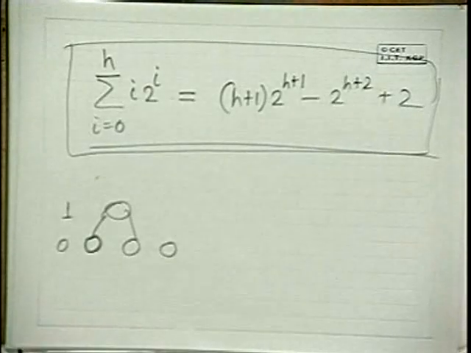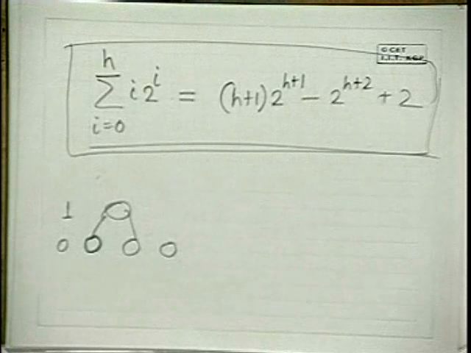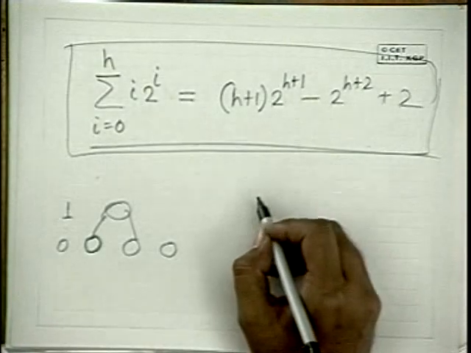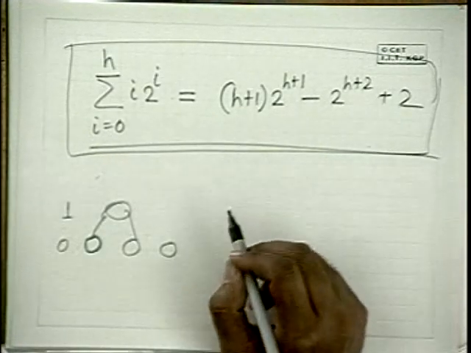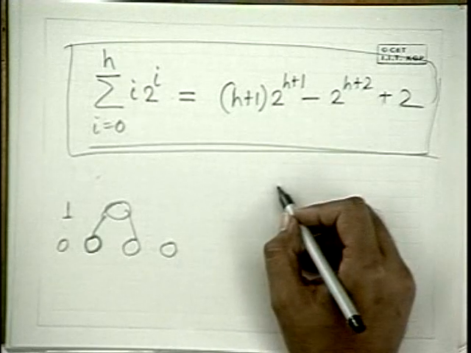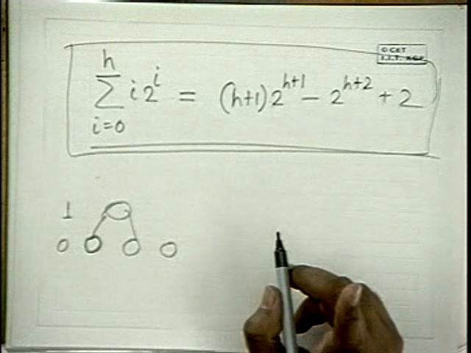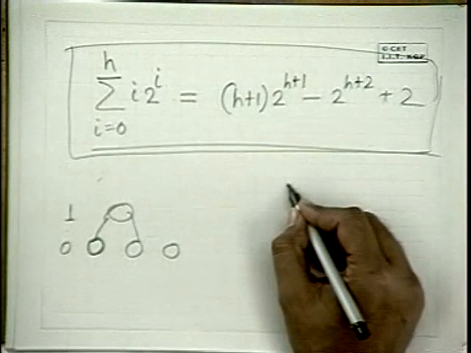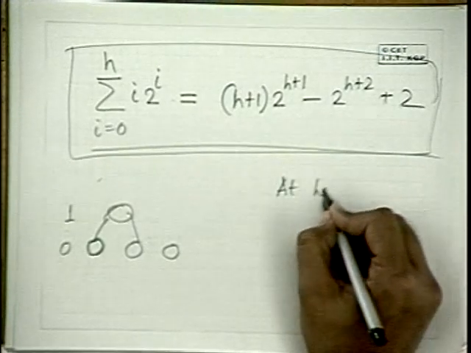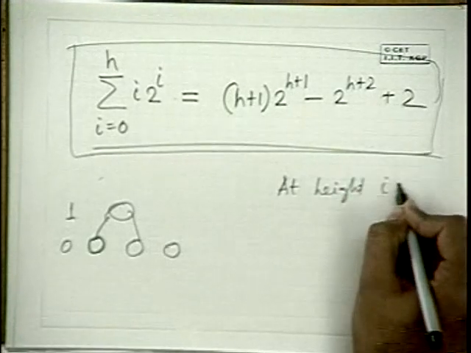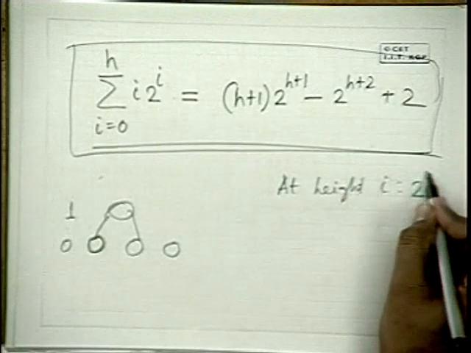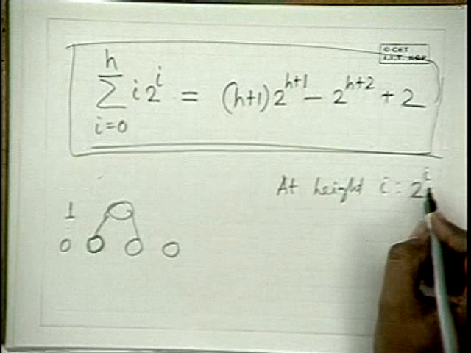If some element is at the 0 level, how many nodes are there at the 0 level in the heap? Basically only 1, because at height i, how many nodes are there? 2 to the power i nodes, right, at height i.